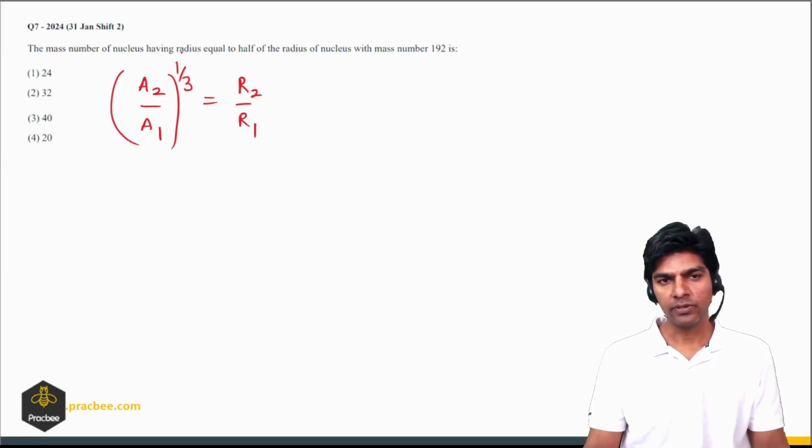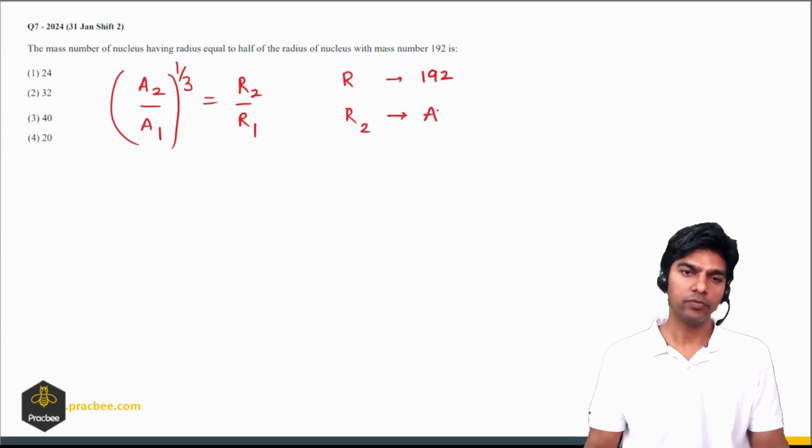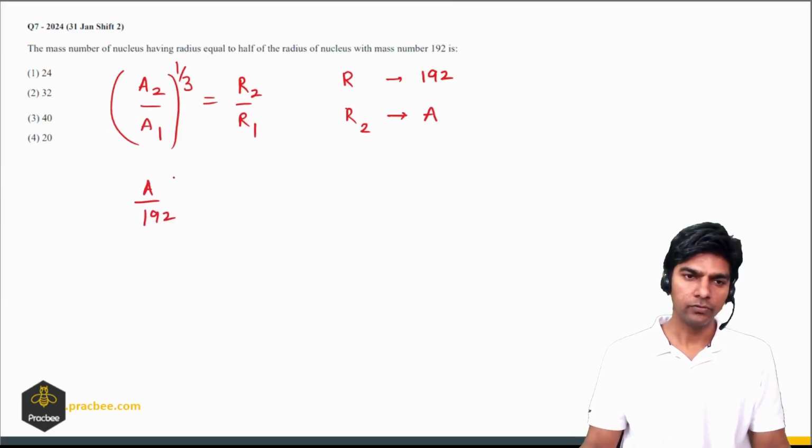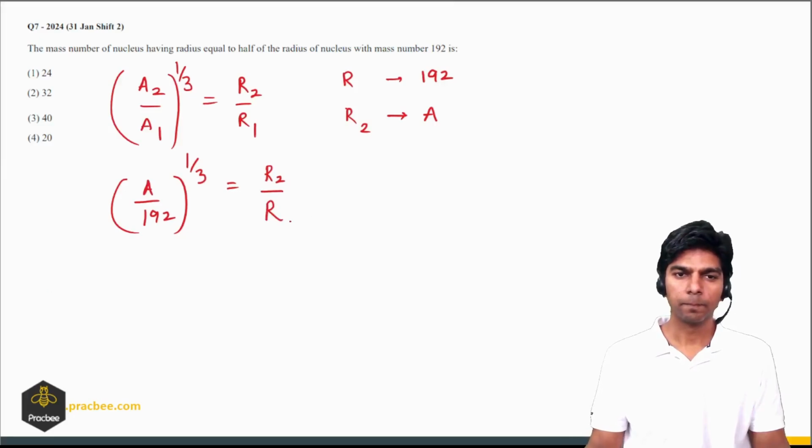Let us say when the mass number is 192 the radius is R1, and when the radius is R2, the mass number is A, which we have to calculate. So A divided by 192 raised to power 1 by 3 equals R2 by R1, where R2 we have to calculate and R1 is R by 2.